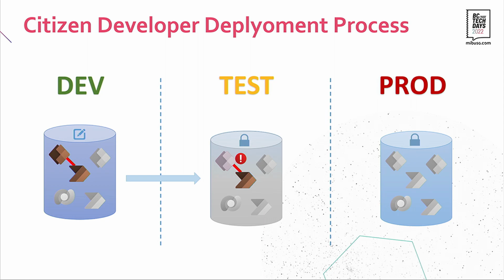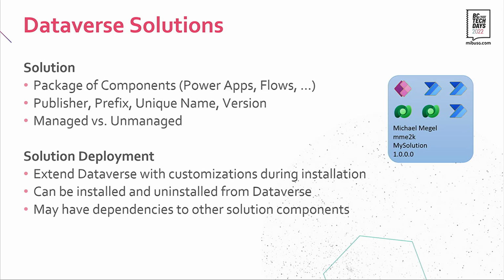It's a construct which I guess is well known to us in Business Central. In Dataverse, it is called a solution. A solution is nothing else than an app in Business Central. It's a wrapper where you can put in your components, like Canvas apps, flows, environment variables, permission sets, and so on. A lot of stuff.